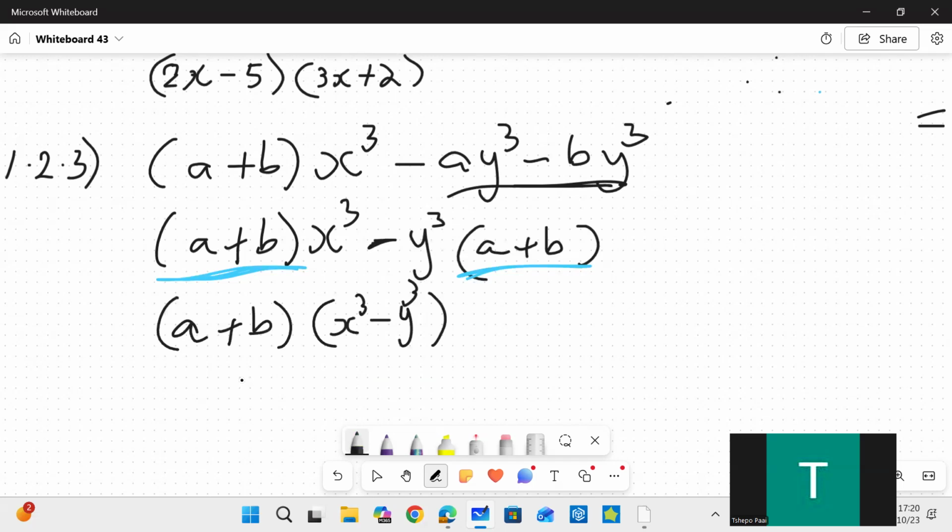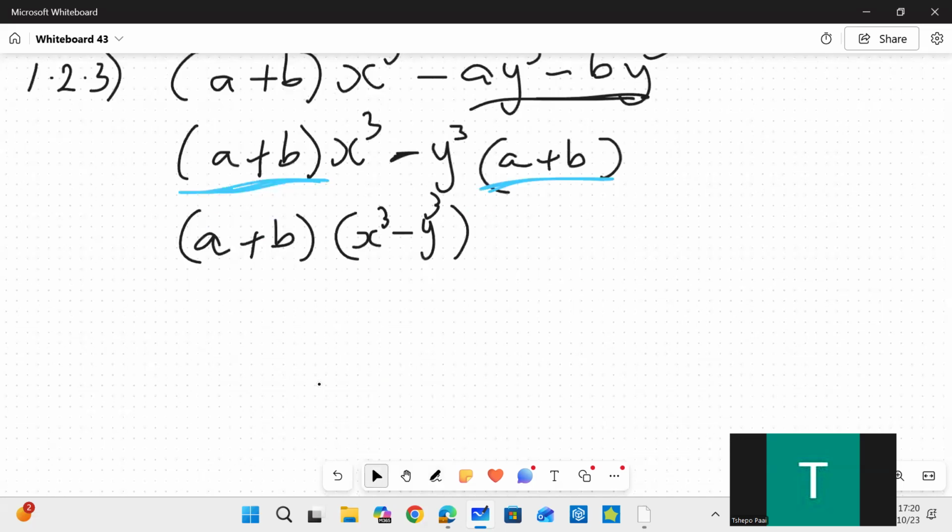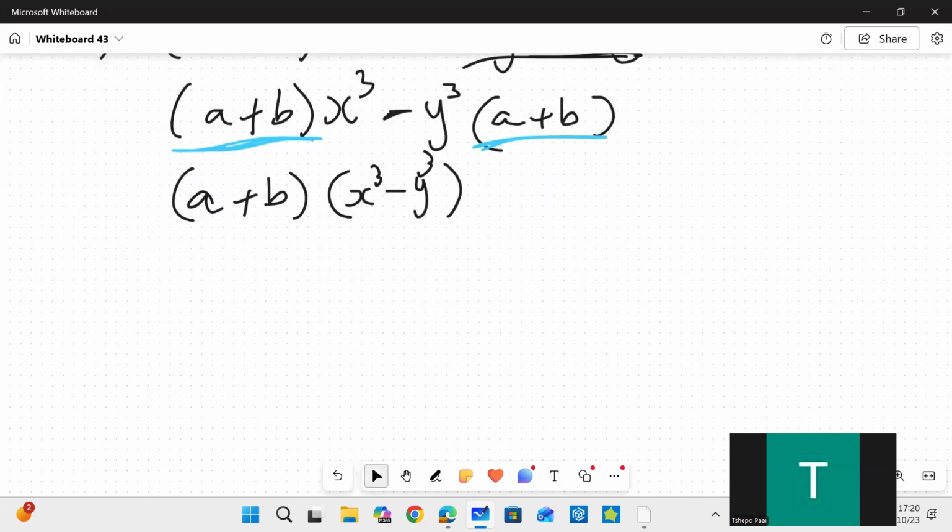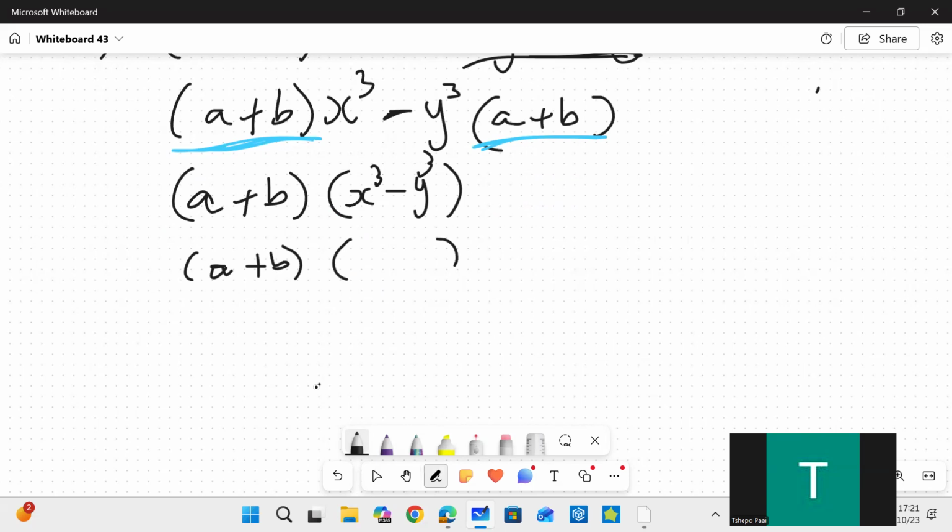Now, continuing with this, let me write a plus b. This is a difference, x cubed minus y cubed. It's a difference of two cubes. How do we factorize a difference of two cubes? Open one bracket and close it, and then you have the second bracket. For x cubed minus y cubed, you take the cube root of x cubed, which is x, take that minus as it is, and the cube root of y cubed, which is y.